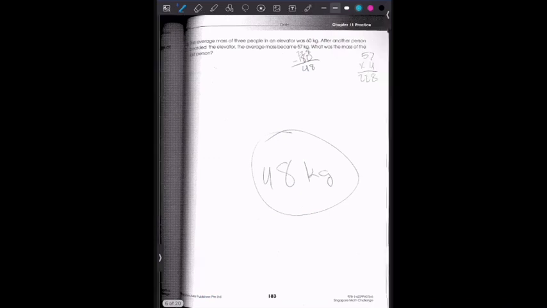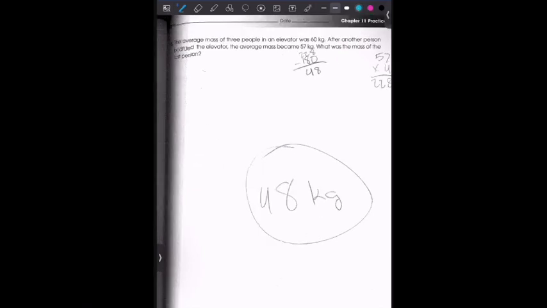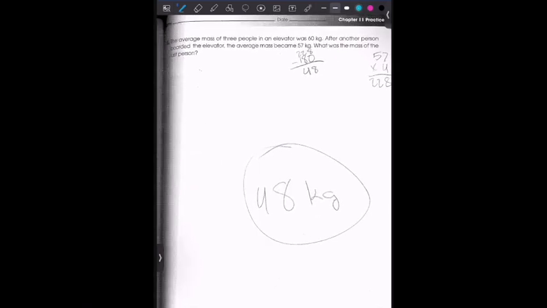Now we're going to look at some practice problems. So it says, the average mass of 3 people in an elevator was 60 kilograms. After another person boarded the elevator, the average mass became 57 kilograms. What was the mass of this last person? So this problem is similar to the first practice problem that we solved about a student's test scores.